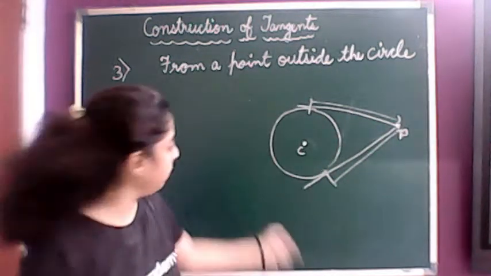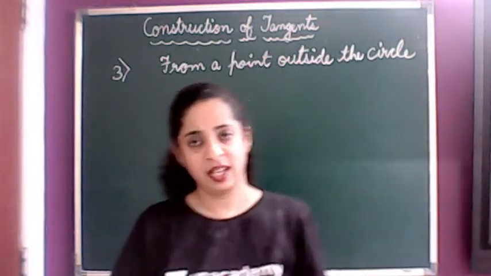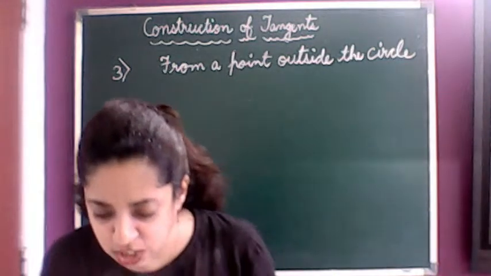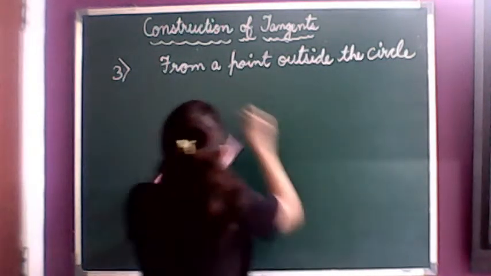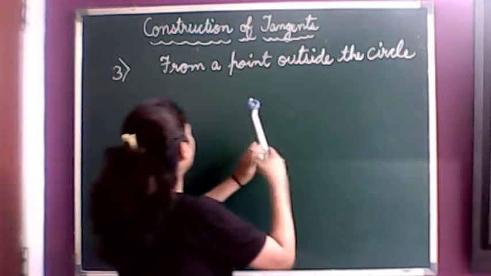So let me draw the third one again for you, and then we will draw all the 3 as a revision. Now watch here very carefully. Yash, Somesh, Neha, watch this third one again. I am drawing it once more. So this is the circle.